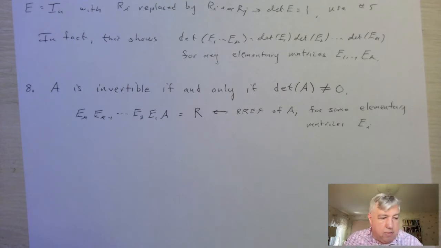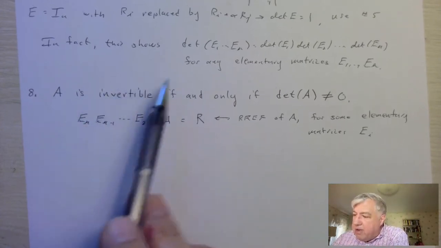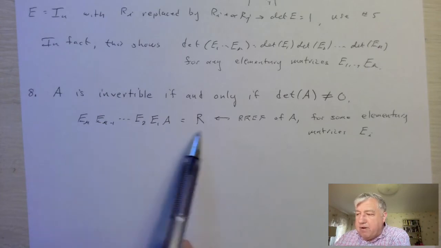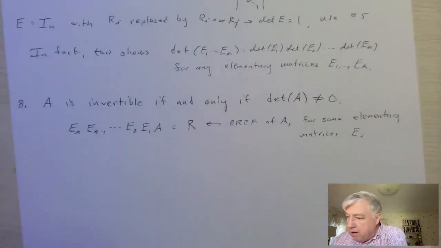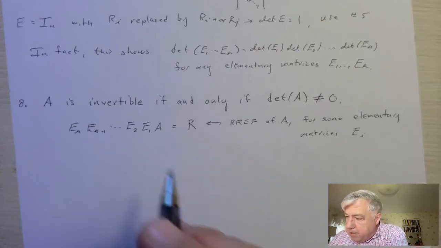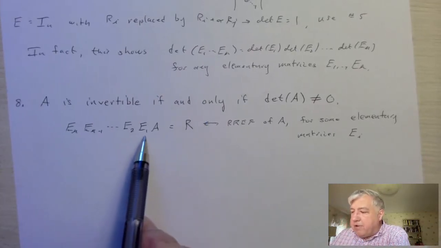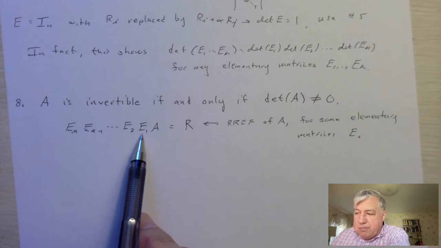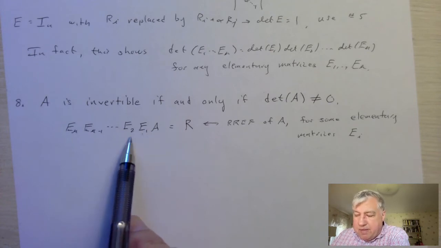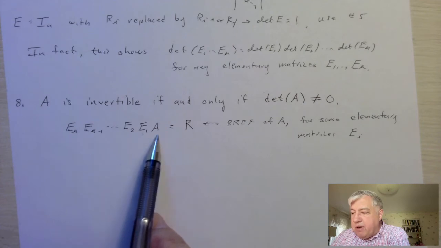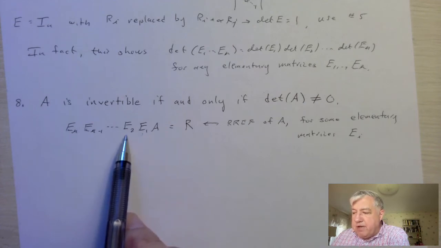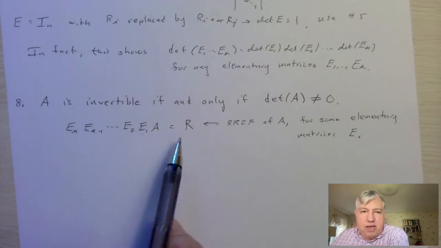Now, from what we talked about here, we can take the determinants of both sides, using this result here. It's not hard to prove that, for example, the determinant of E1A is the determinant of E1 times the determinant of A, and then the determinant of E2 times E1A would be the determinant of E2 times the determinant of E1A, and so on.